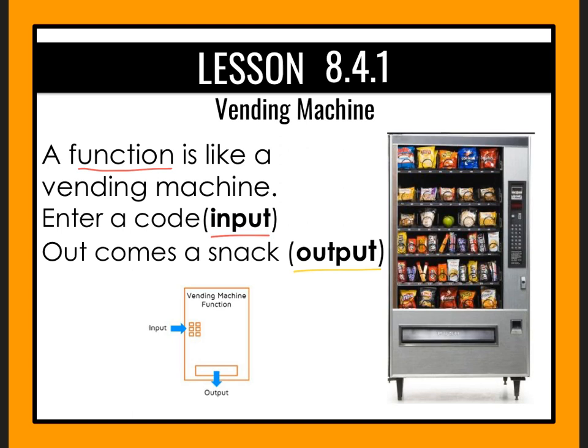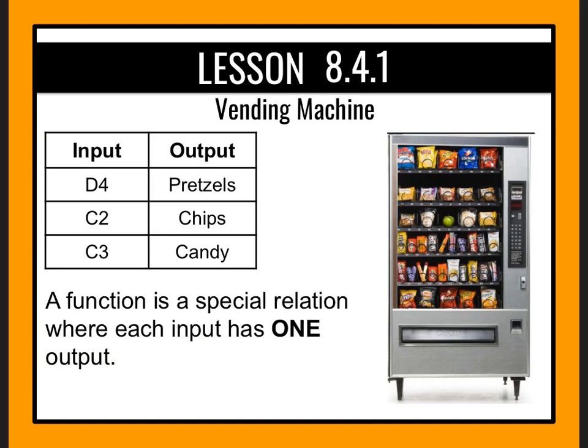So I would have a specific input code, like D1 or D2, and that is going to be related to a specific output value. I'm going to get a specific snack when I enter that one code that relates to that one output value. So let's look at this particular table. If I input D4, D4 is specifically connected to a pretzel.